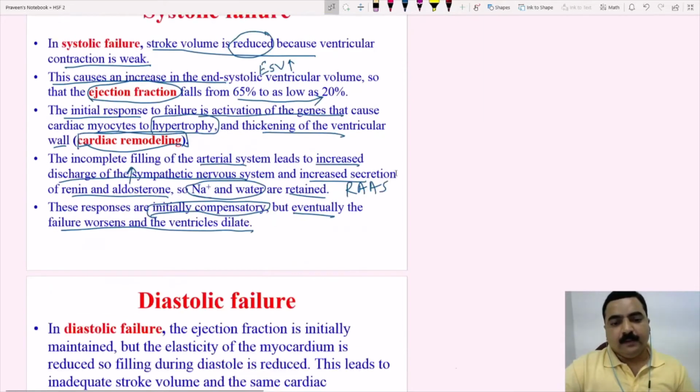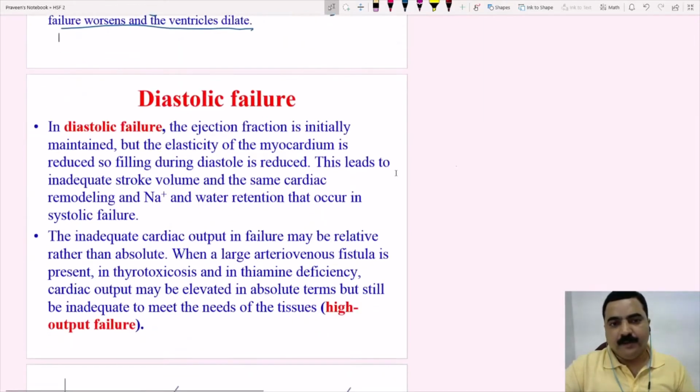Now let's see what diastolic failure is. It is almost a similar thing, but here the problem is in relaxation. The ejection fraction is initially maintained, but the elasticity of the myocardium is reduced, so filling during diastole is reduced.